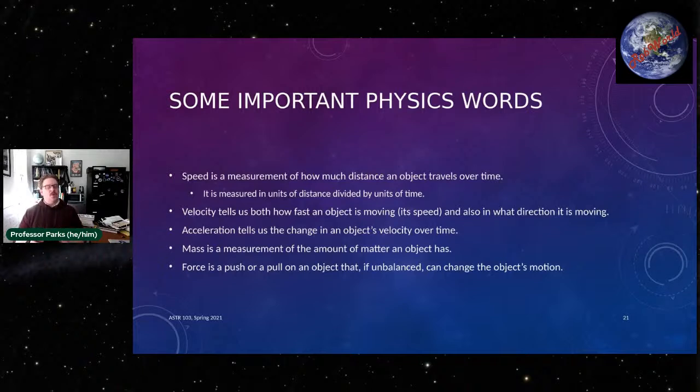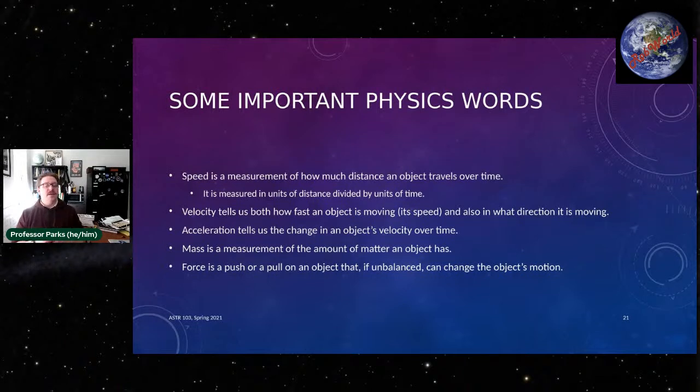So that becomes important when we start talking about changes in things. So let's move on a little bit and talk about acceleration. Acceleration is defined as the change of an object's velocity over time. Acceleration is also a vector. It has a magnitude and it has a direction.